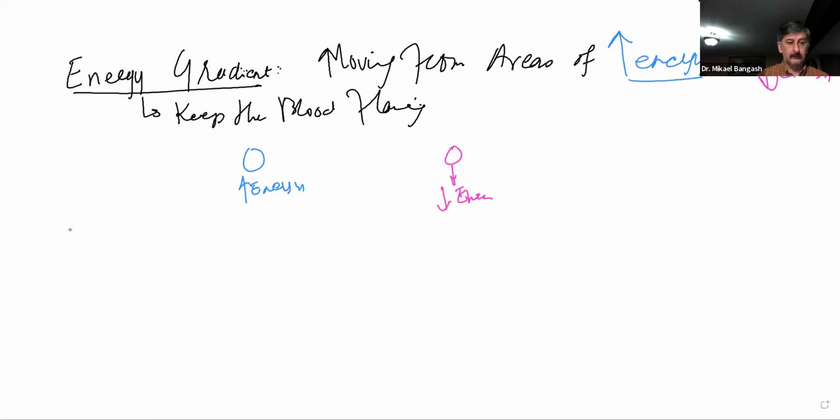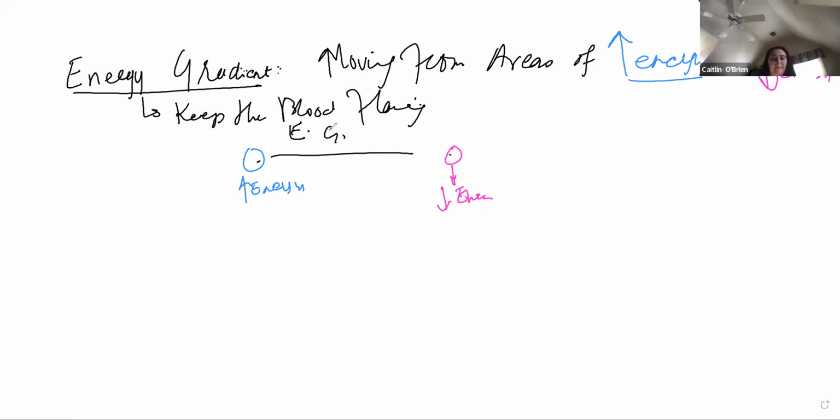So that motion from high to low energy is called the energy gradient. Did you guys get that?